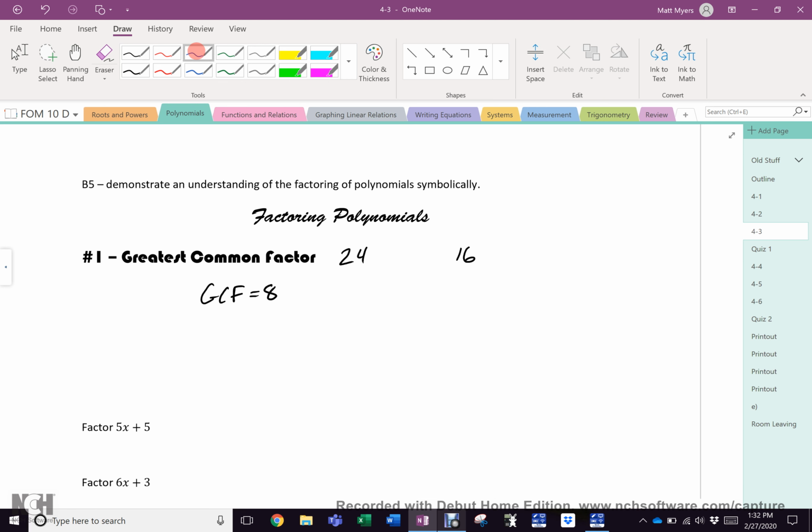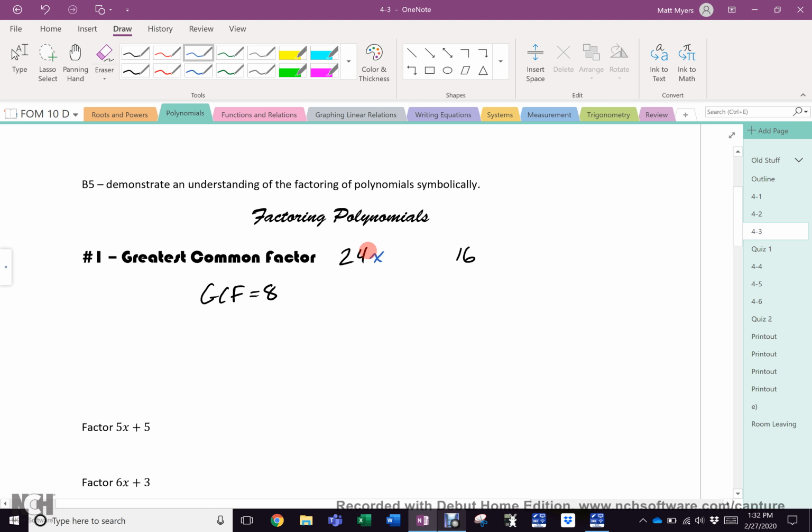Now, what if I put an x there? What math is happening between the 24 and the x? Multiplication, which means 24 and x are both factors of something, yes? Since we don't know what x is, we don't know the product, but we know these are both factors of that product.